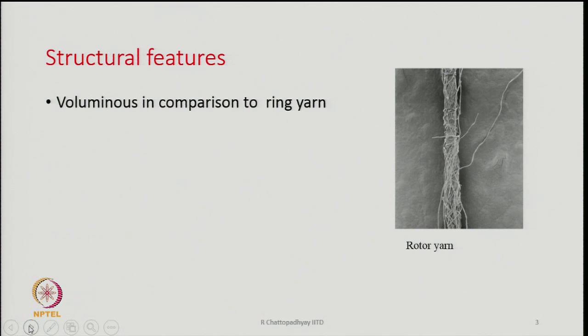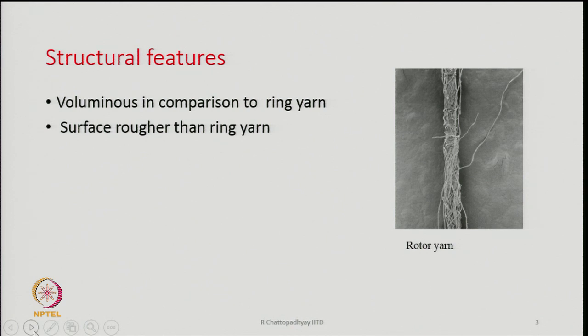This is generally true. The surface is rough. We can look at the fibers on the surface. The fibers are haphazardly lying there, and they are not really well aligned.